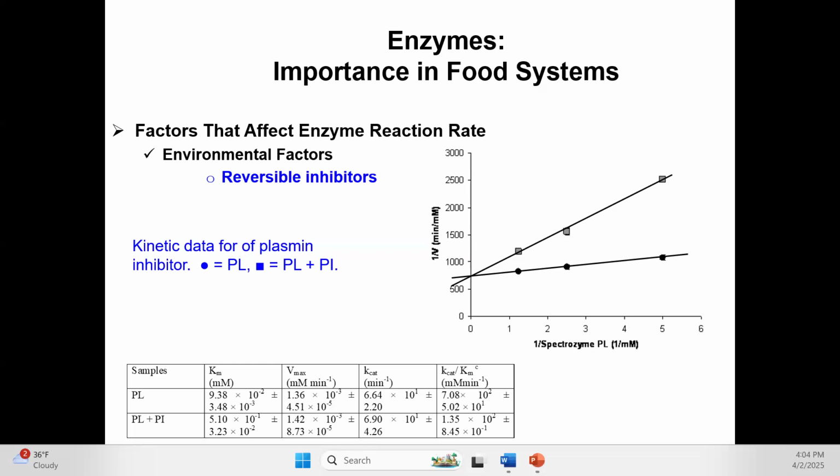But also milk has natural inhibitors of plasmin, of that enzyme. So we were trying to characterize these inhibitors to understand how we can inhibit a breakdown of beta-casein in milk.